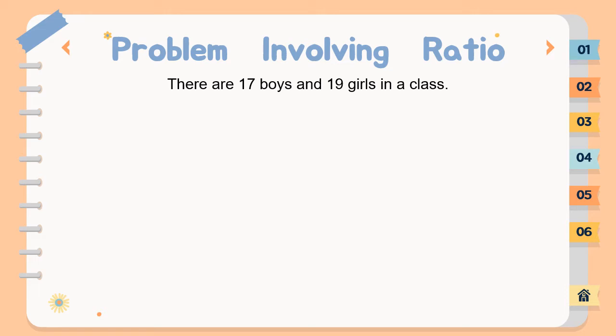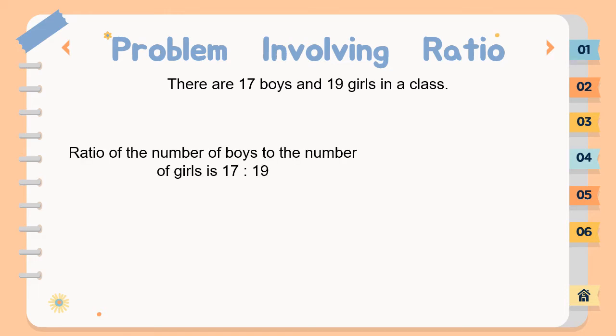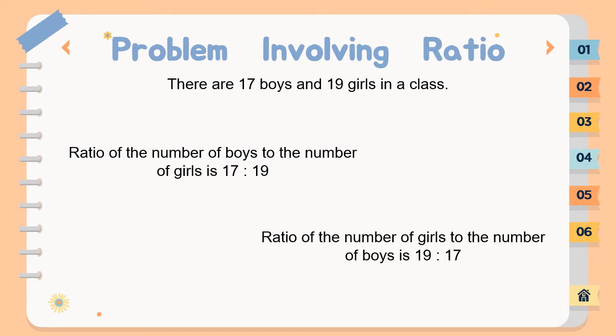For the number of boys to the number of girls, we have 17 to 19. The ratio of the number of boys to the number of girls is 17 is to 19. Next, the ratio of the number of girls to the number of boys is 19 is to 17.